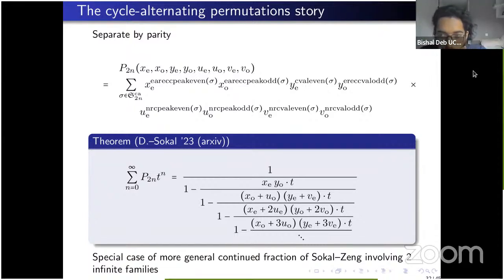If I recall correctly, continued fractions could also be used to show gamma positivity. So essentially, your work in some sense refined this, or goes deeper for this continued fraction. Does it help to refine maybe the gamma expansion?